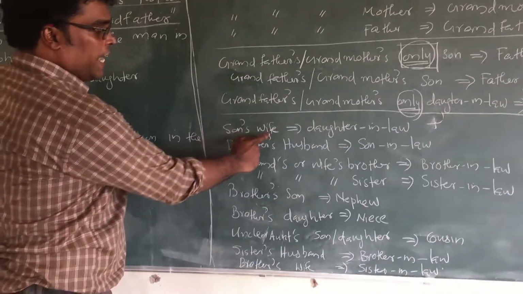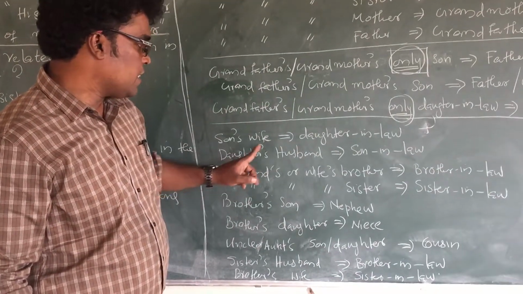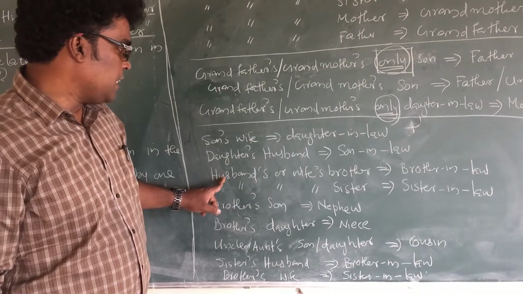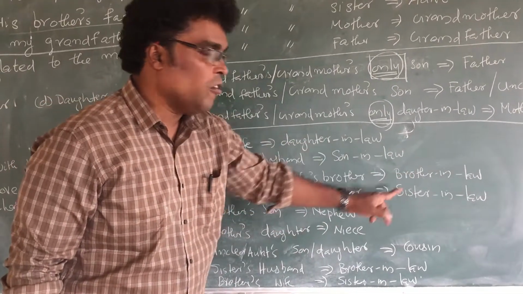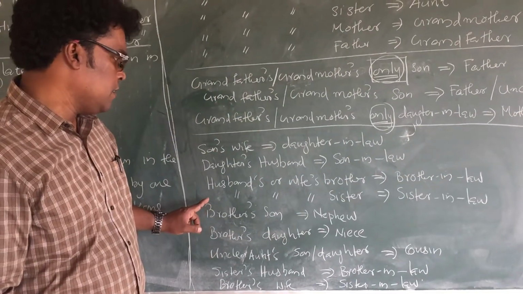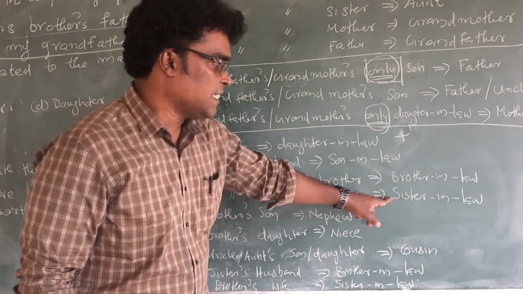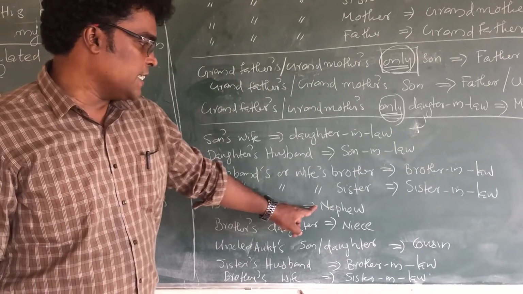Now son's wife is daughter-in-law, daughter's husband is son-in-law, husband's or wife's brother is brother-in-law. All these are familiar. Husband's or wife's sister is sister-in-law. Brother's son is nephew.